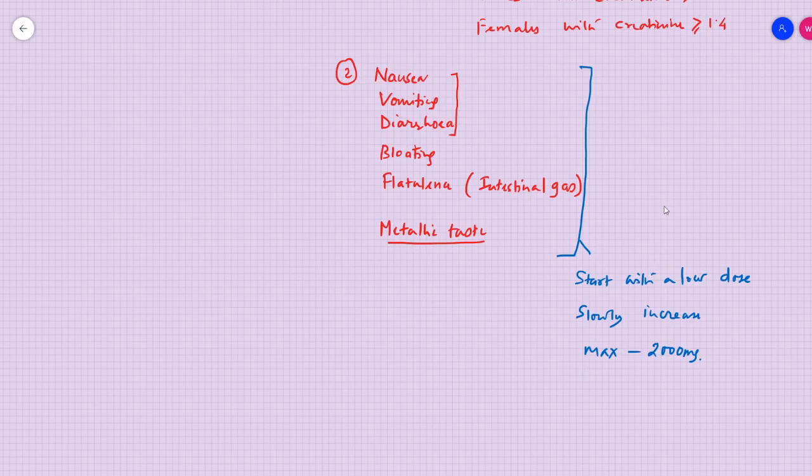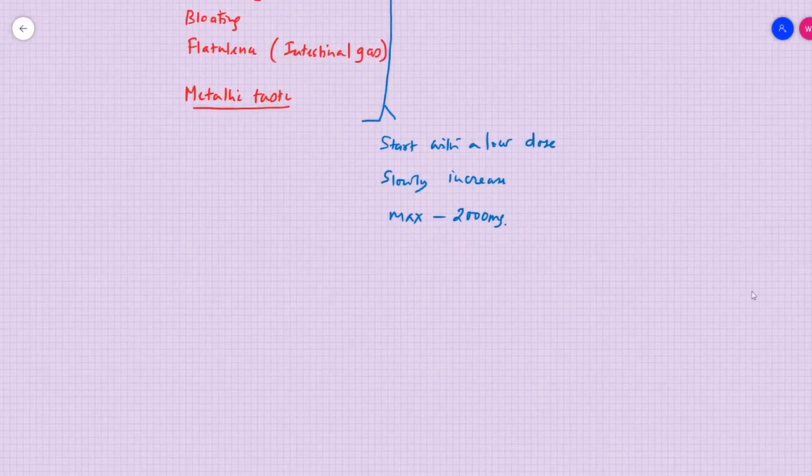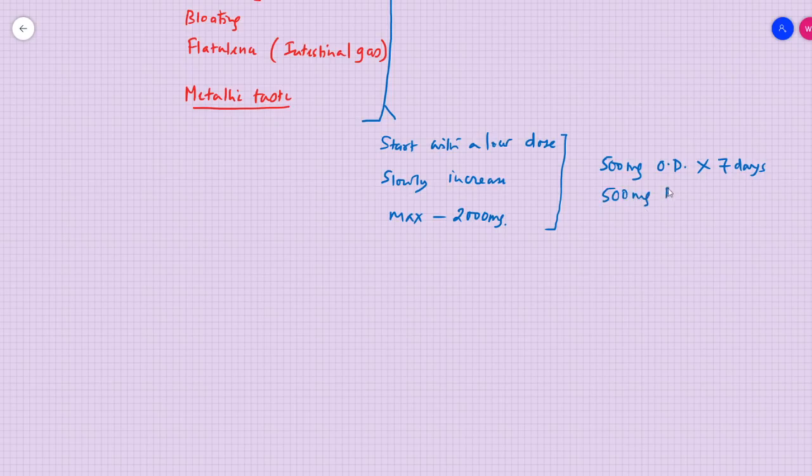Okay, so the commonly used strategy, the standard dose regimen, to accomplish this starting with a low dose, is as follows. 500 milligram OD, once a day, is given for 7 days. After 7 days, it is increased to 500 milligram BD, okay, twice a day.